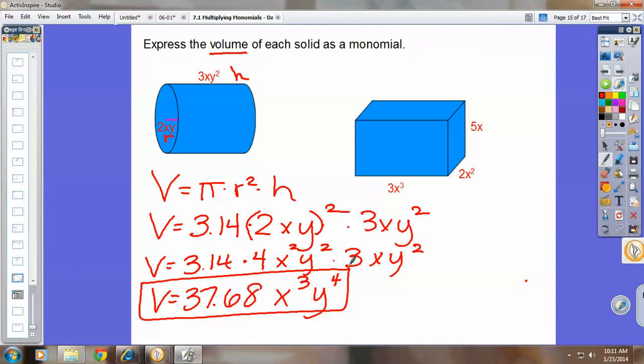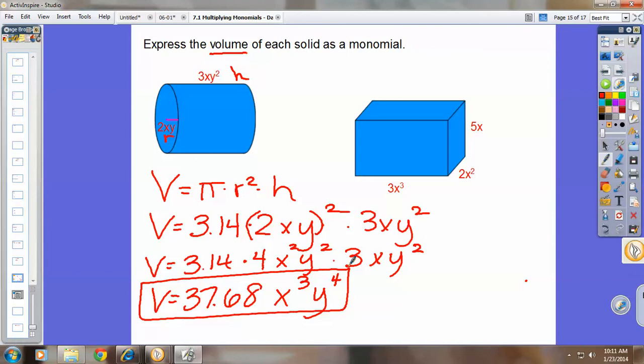I would more consider this a rectangular prism, but I disagree with the formula in the book.